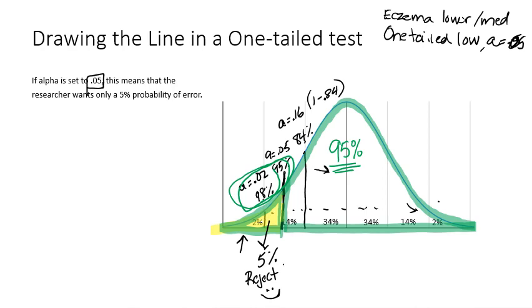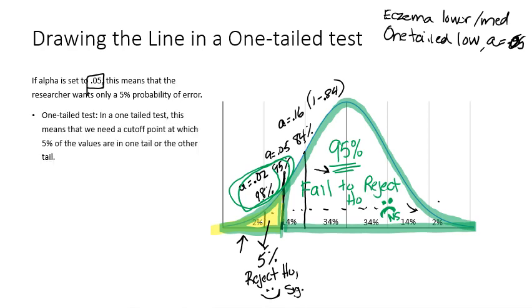What are we rejecting? We're rejecting the null hypothesis, and we have a significant result. In the center here, if we get a score that falls in that region, we fail to reject H0. And the researcher might be sad because this is a non-significant result.